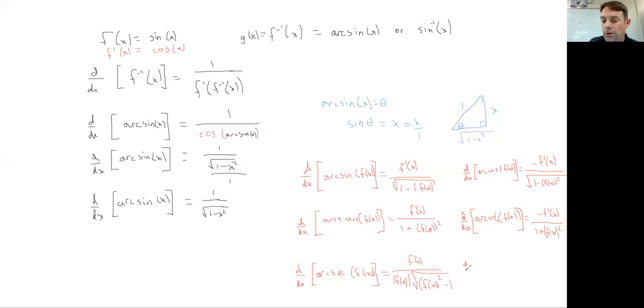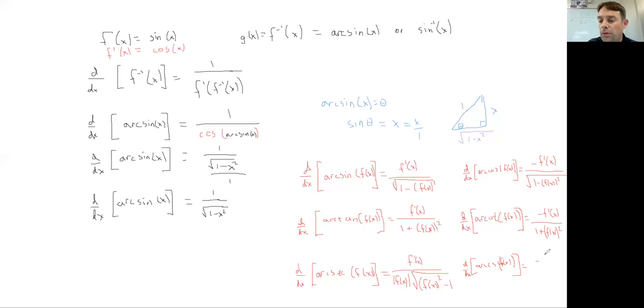And the last one, if I can fit it, this one might be kind of tough to fit. Let's see if I can do it. Arccosecant of f of x. Going to run out of room here, friends.